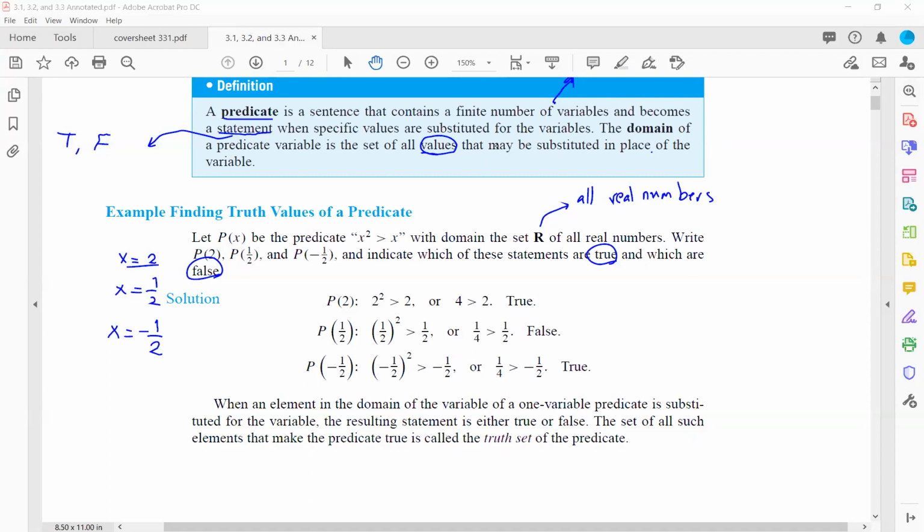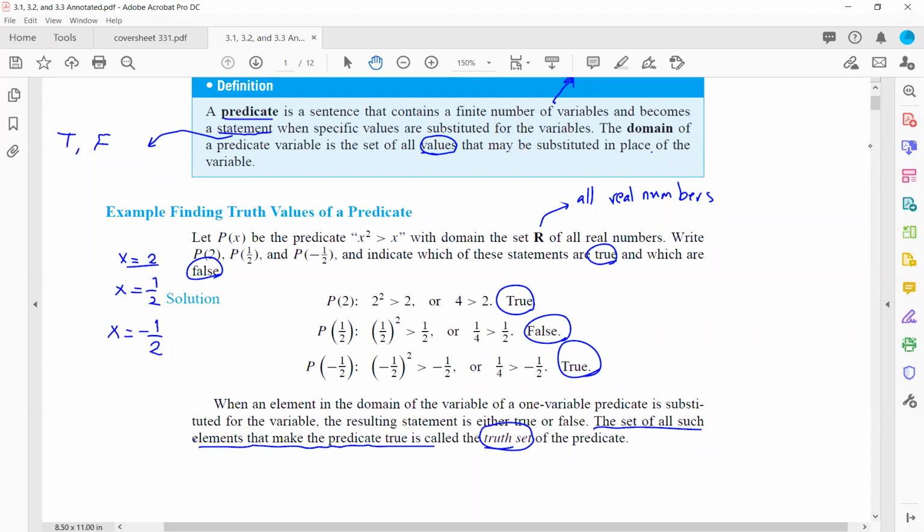Very well. When an element in the domain of the variable of a predicate is substituted for the variable, the resulting statement is either true or false. So we can actually investigate if it's true or false. The set of all such elements that make the predicate true is called the truth set.